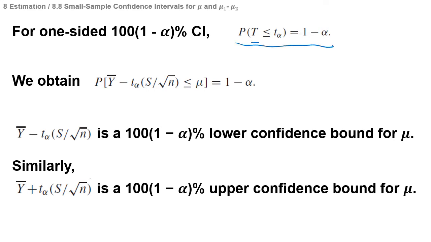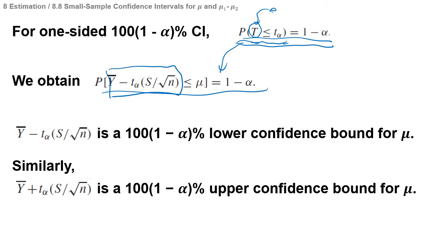This is for the one-sided case, and if you put the definition of t here and solve it for mu, then you find that this thing becomes this one. And from here, you find that this one is the lower confidence bound for mu. So this one is the 100 times 1 minus alpha percent lower confidence bound for mu.